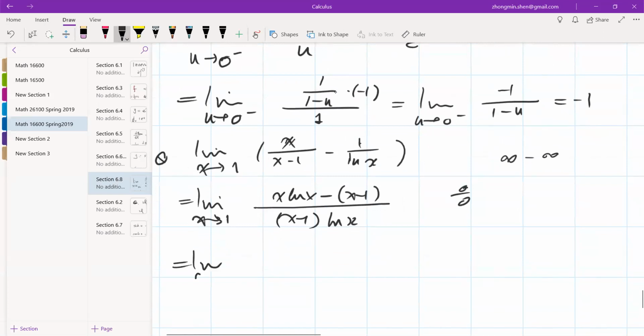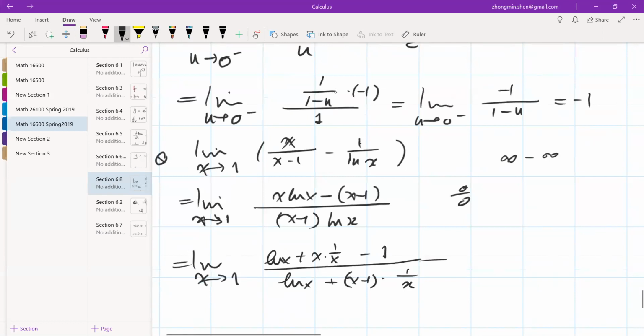The numerator is also 0. So let's find the derivative. The denominator becomes natural log of x plus x minus 1 divided by x, which is natural log of x plus x times 1 over x minus 1.